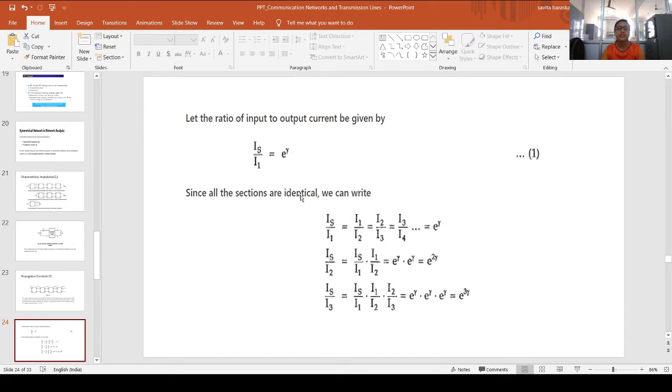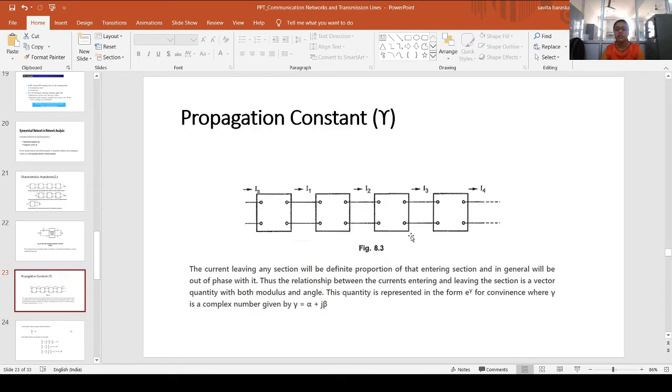Similarly, for all these sections, we have to perform this incoming current to the outgoing current relationship. So all sections are identical. So we can write here that Is by I1 is equal to I1 by I2 is equal to I2 by I3 is equal to I3 by I4, which is the incoming current to the outgoing current ratio.